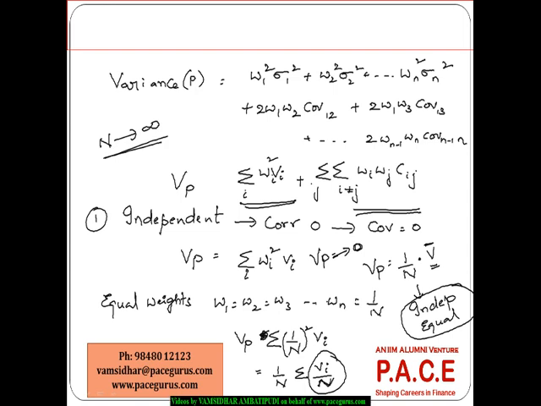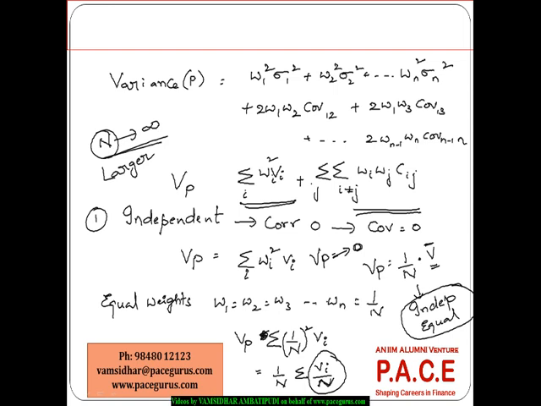So what do we conclude from this? If the number of assets or securities in our portfolio becomes larger and larger, I can make the variance of the portfolio closer to zero. That is where a diversification benefit is observed. I am able to make the variance of the portfolio get closer to zero.